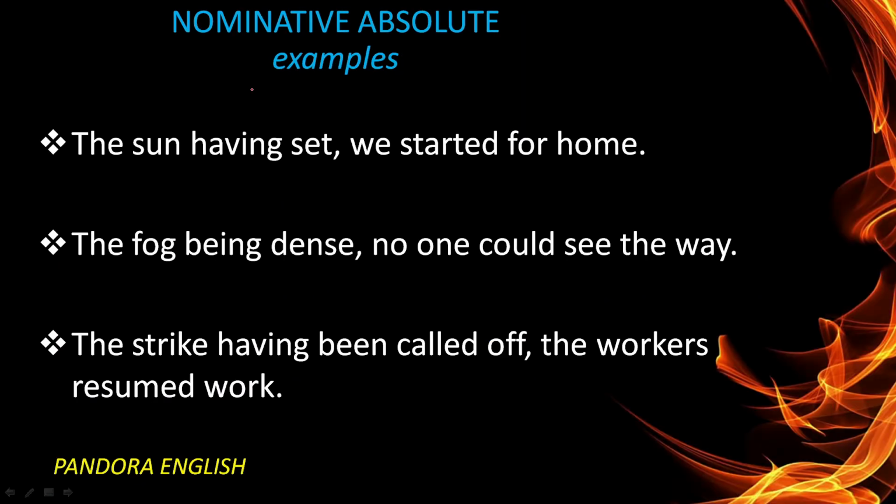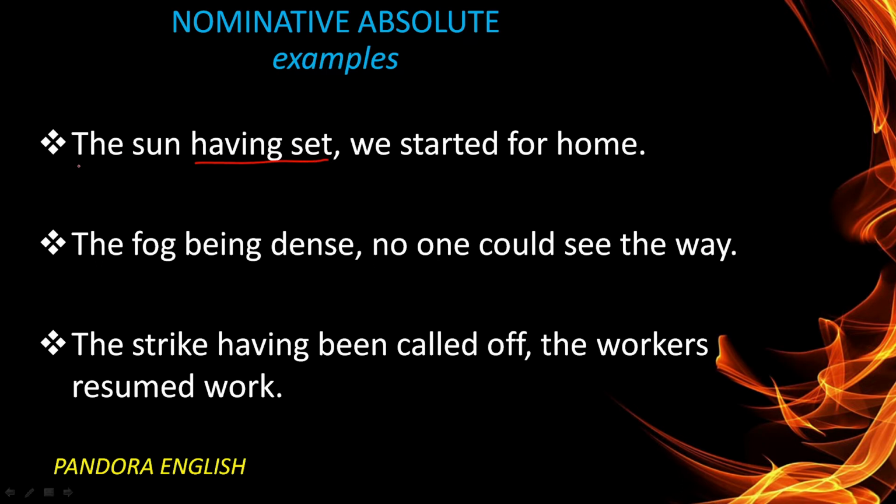Let's look at these three examples of nominative absolute. The sun having set, we started for home. In this example, the action of the setting of the sun is complete before the second action, that is starting for home, is starting. Now, the sun is the noun and having set is a perfect participle.